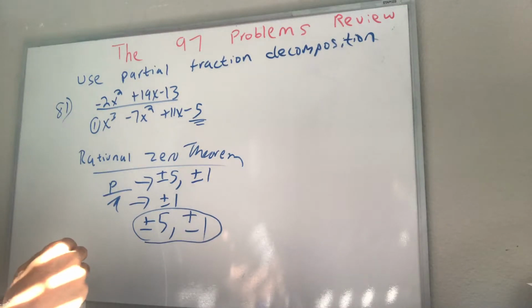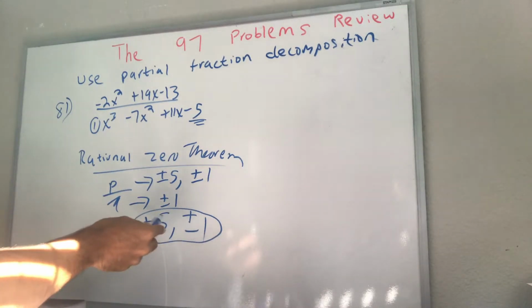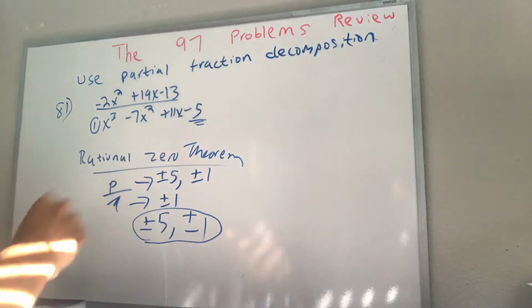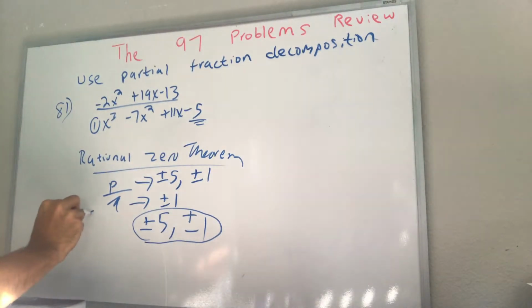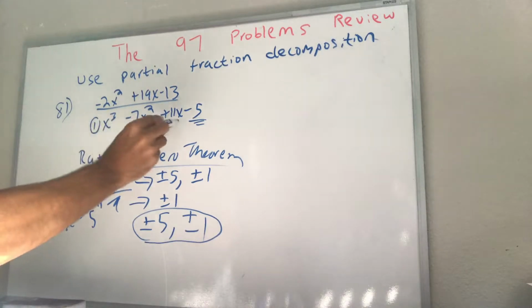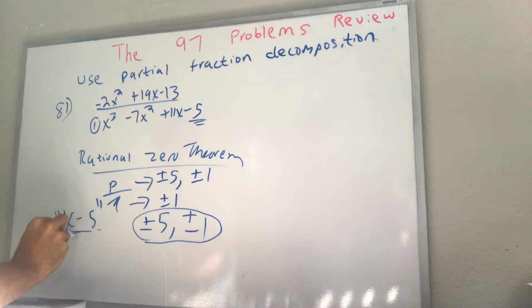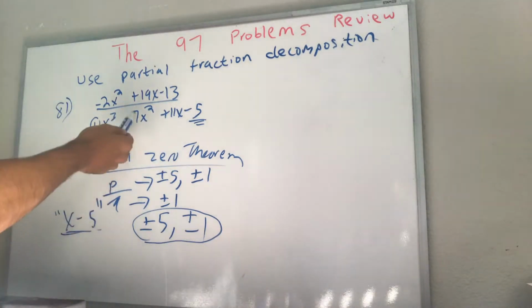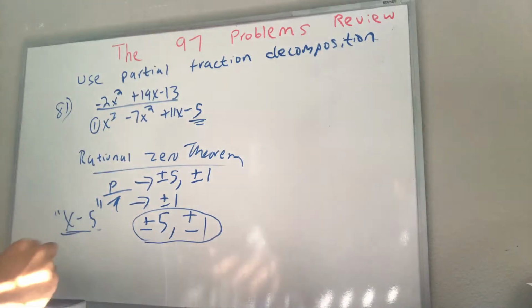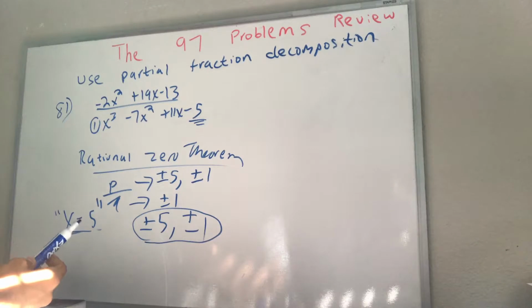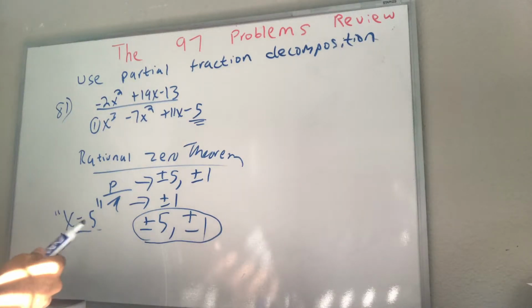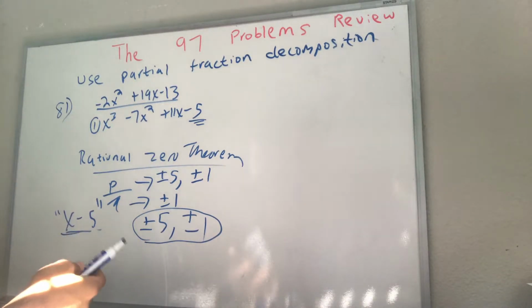If we plug 5 into this polynomial and we get 0, then we know that x minus 5 is a factor of this. Knowing that this is a factor, we could then divide this by x minus 5 to seek our quotient, which will have the x squared, and then we can see if that further factors out or not.